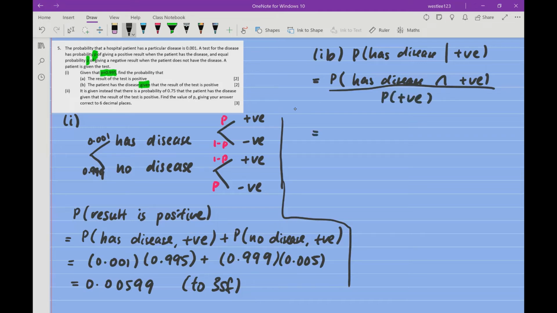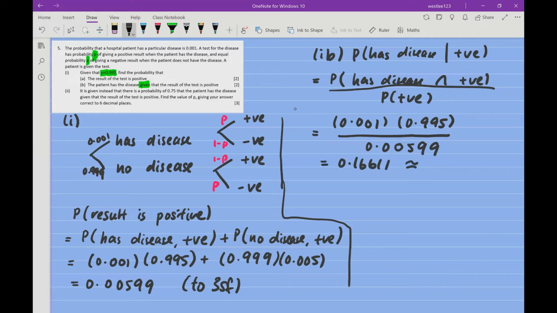Okay, so has disease and positive, it is 0.001 times P. Over the probability that someone is being tested positive, this is the answer in part I. So you have 0.1661. So if you round off, it is 0.166 (3 s.f.).